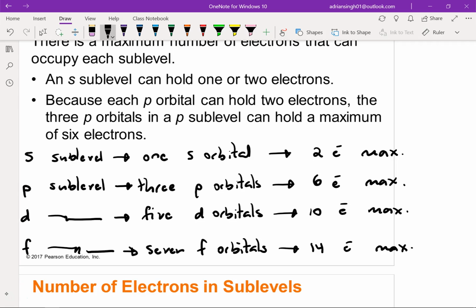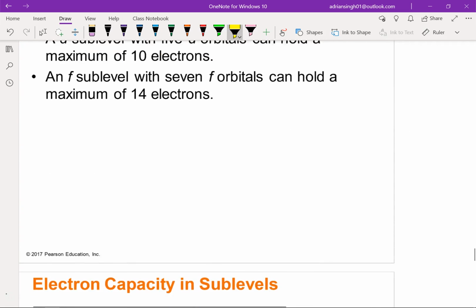So we can use fairly simple math to determine the maximum number of electrons that can be in each of these sublevels: the s sublevel, the p, the d, or the f sublevel.